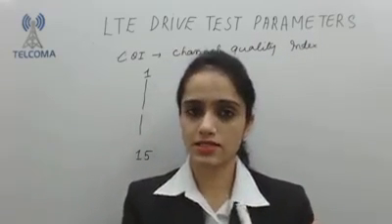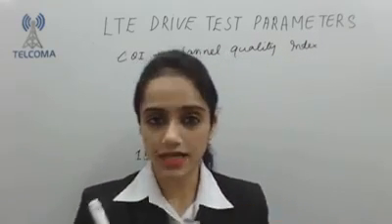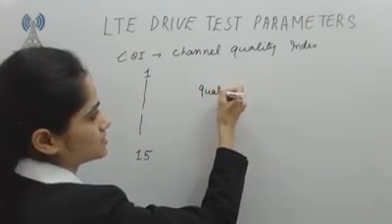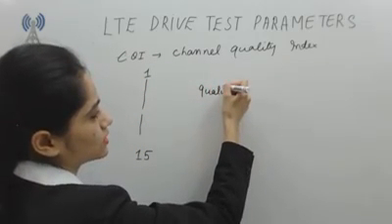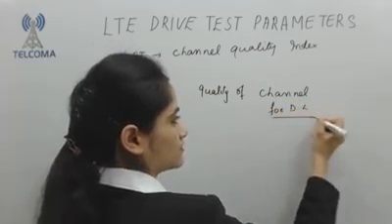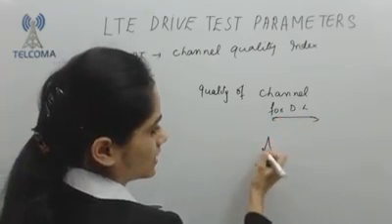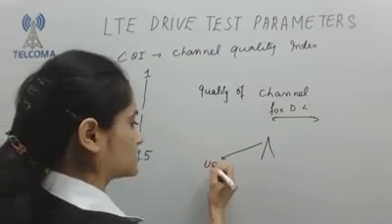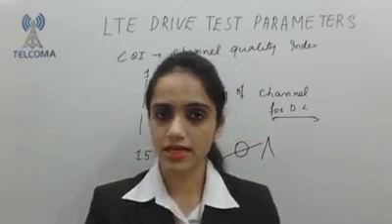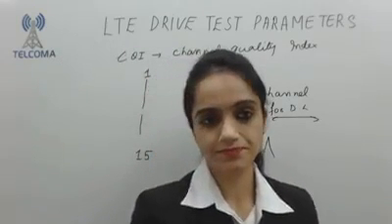Channel quality index will tell me the quality of the channel for downlink. Downlink, that is eNodeB is sending a channel to UE. So what is the quality of the channel which I am receiving?